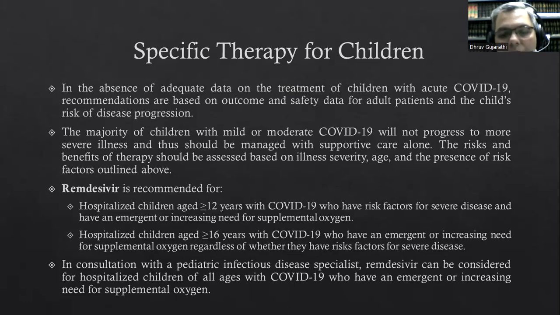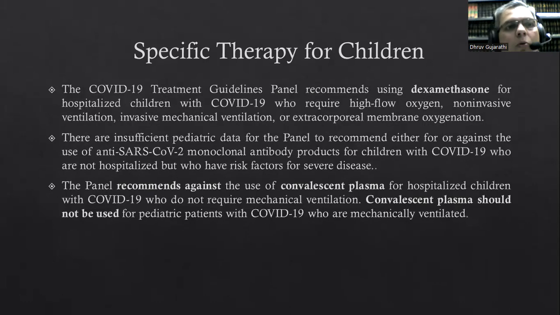Every child above 16 years who shows a need of oxygen should be given remdesivir. For 12 to 16, it is our choice, but with caution. Also, it would be beneficial to consult a pediatric infectious disease specialist and decide whether we need to give remdesivir or not.